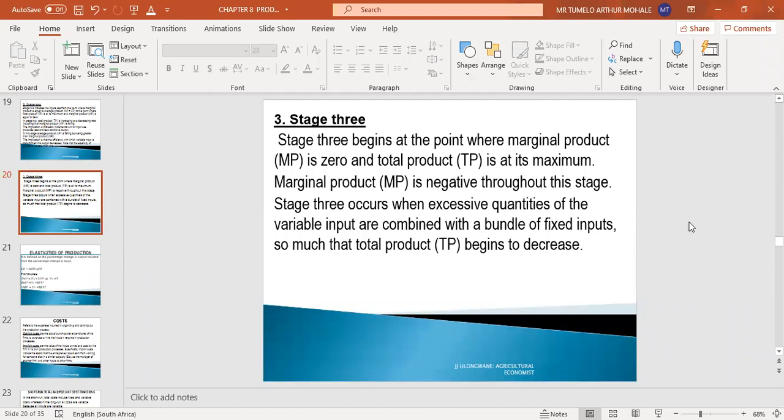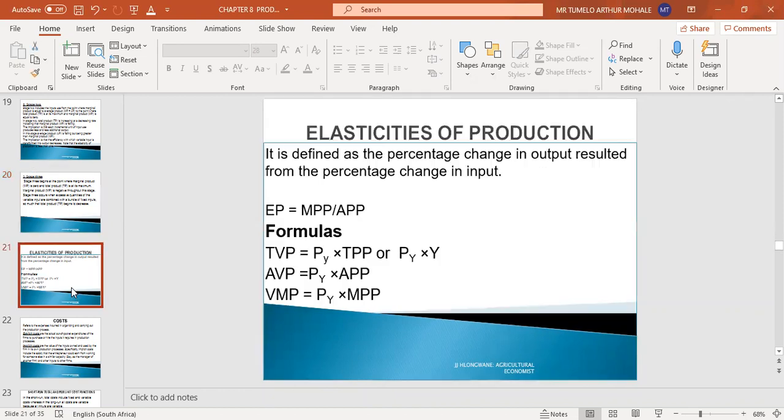You wrote the assignment on the reason why stage 2 is regarded as the rational stage of production. It is because of the EP that is less than 1. And you know, if EP is less than 1, what is the implication? It is not only because of the elasticity of production. You know other reasons that you wrote in the assignment. So it's theoretical. You will have to find such information on your own. Now we are continuing to the formulae that I need you to know.